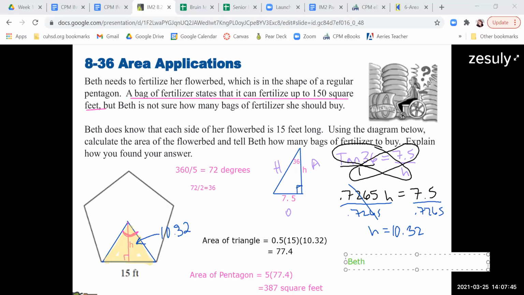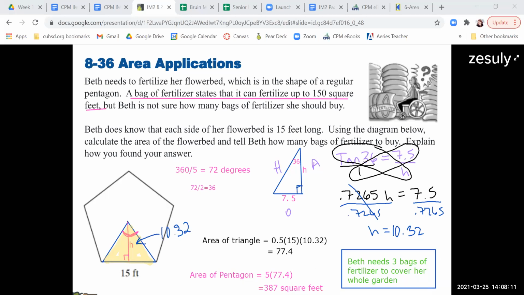Beth needs 3 bags of fertilizer to cover it. She'll have leftover, but she can't buy partial bags. So this is how many she has to get. And that is the conclusion we make here.